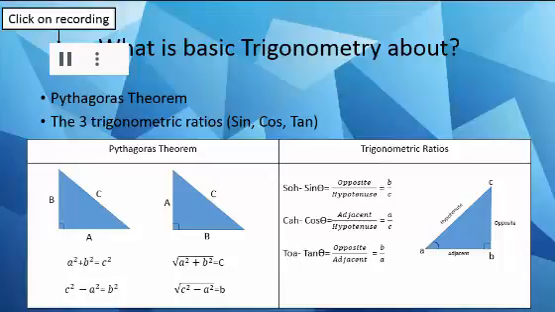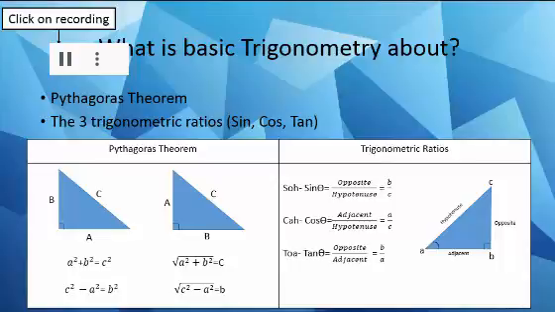And then we have CAH, C stands for cosine, and the A and the H stand for adjacent over hypotenuse. And finally we have TOA, the T stands for tangent, and the O and the A is opposite over adjacent.